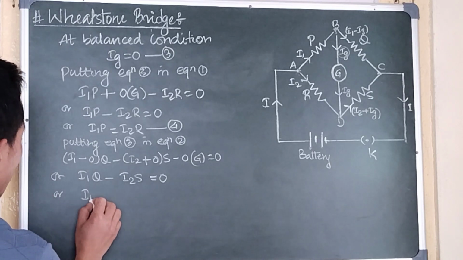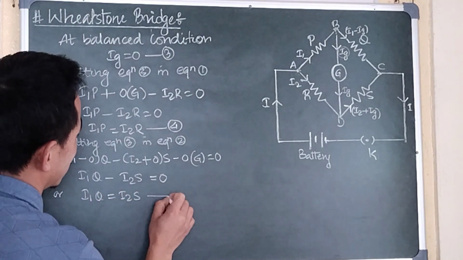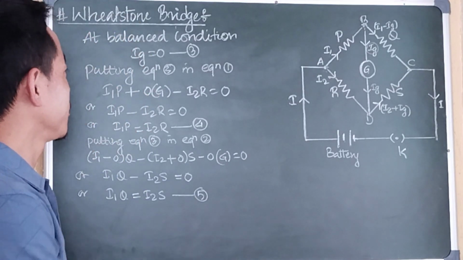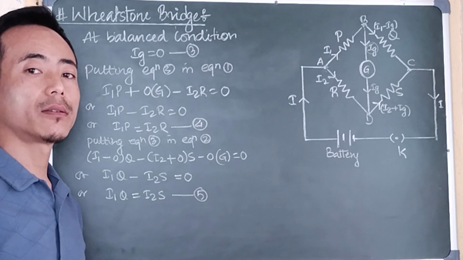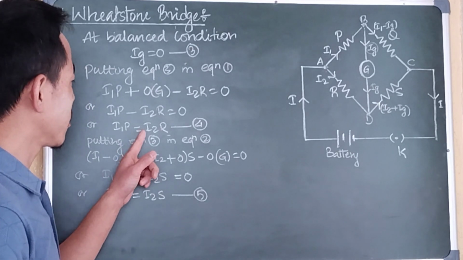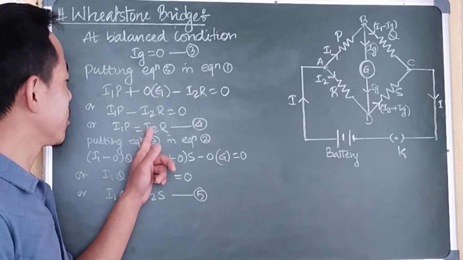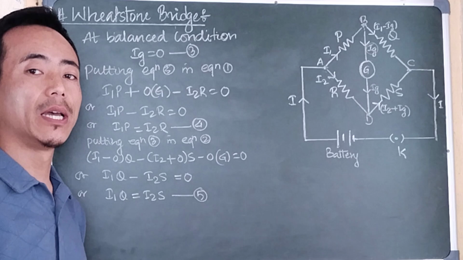We can write this as I1Q equals I2S. Let this be equation number 5. So using the balance condition, IG equals 0, in equations 1 and 2, we get two other equations, equation number 4 and equation number 5. Equation number 4 is I1P equals I2R. Equation number 5 is I1Q equals I2S.